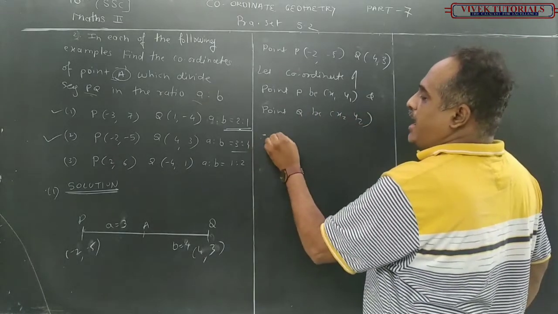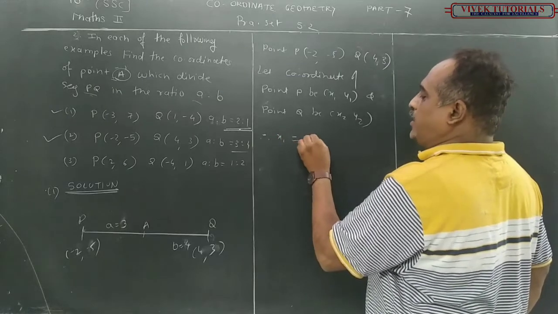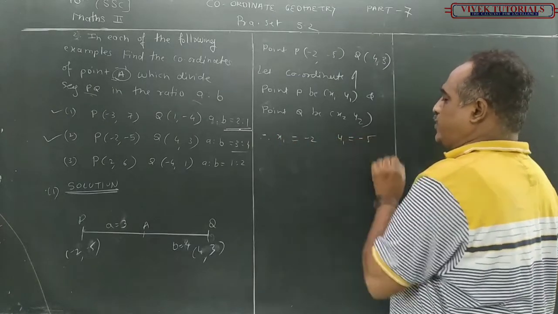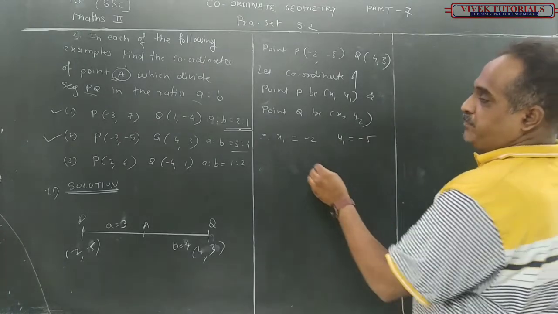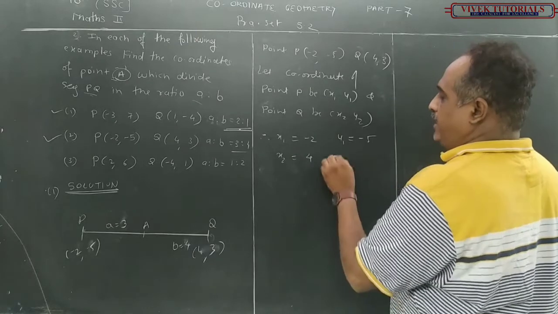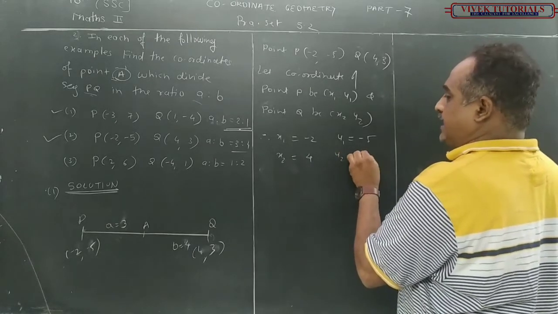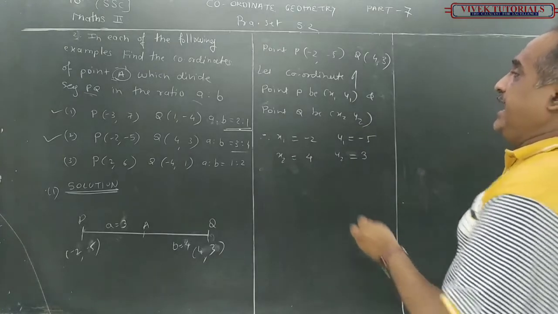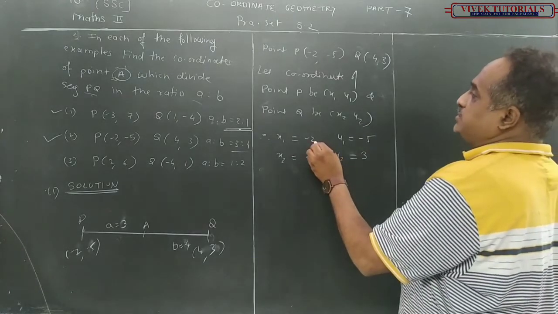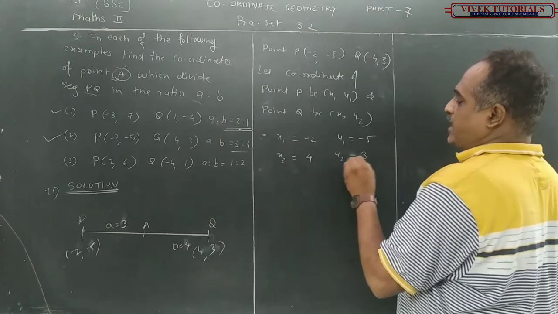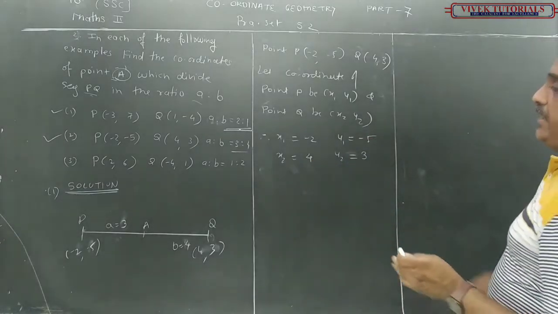Therefore, x1 is equal to minus 2, y1 is equal to minus 5, x2 is equal to 4 and y2 is equal to 3. See once again, x1 is equal to minus 2, y1 is equal to minus 5, x2 is equal to 4 and y2 is equal to 3.